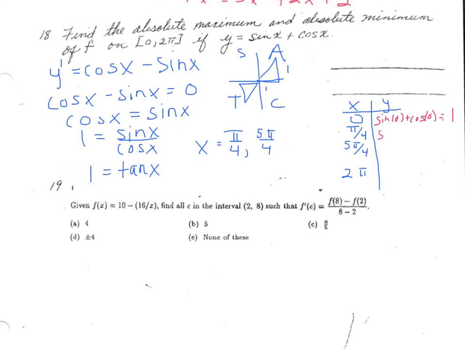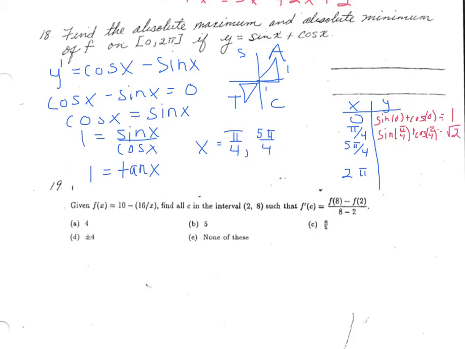So the sine of pi over 4 plus the cosine of pi over 4. So that will equal root 2 over 2 plus root 2 over 2. So that will be 2 root 2 over 2, which is just root 2.